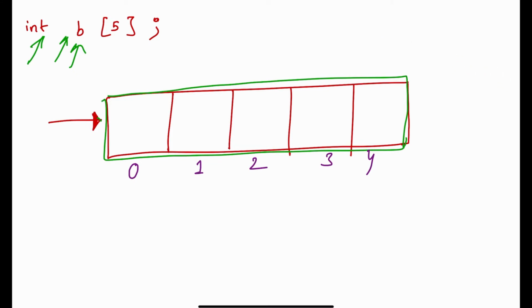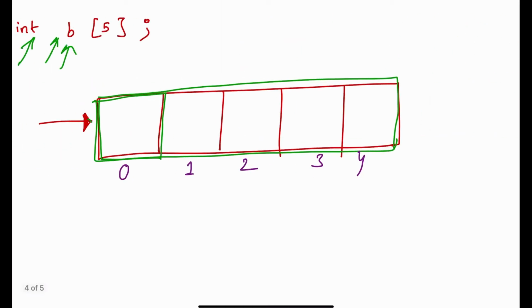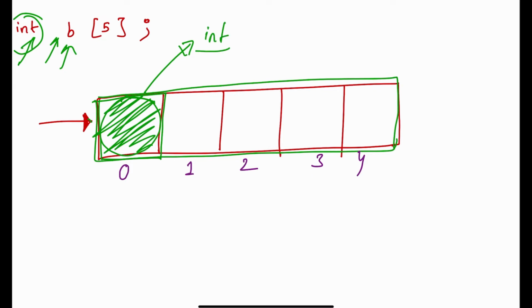Now what these blocks are, let us get in depth. Each block will have a memory size of the data type which we have defined. For example, here we have defined integer. So this 0th block will be a memory that can store an integer.